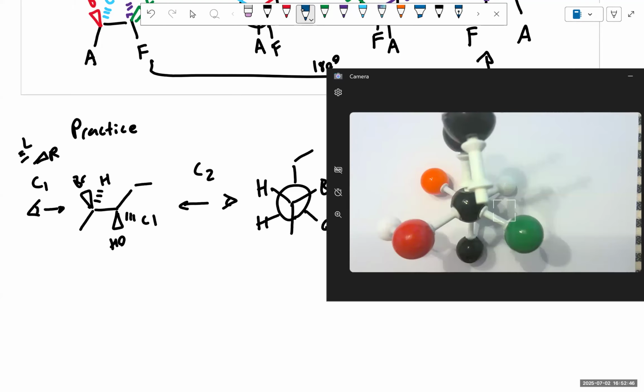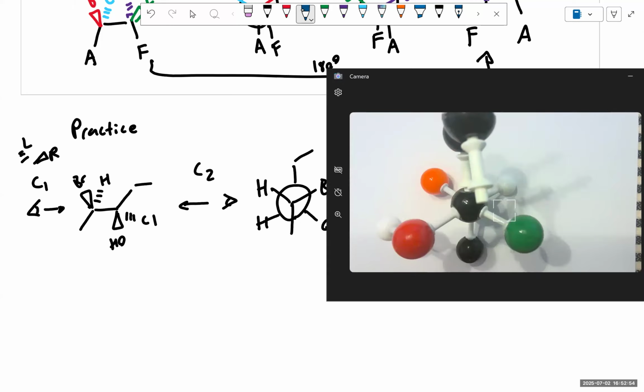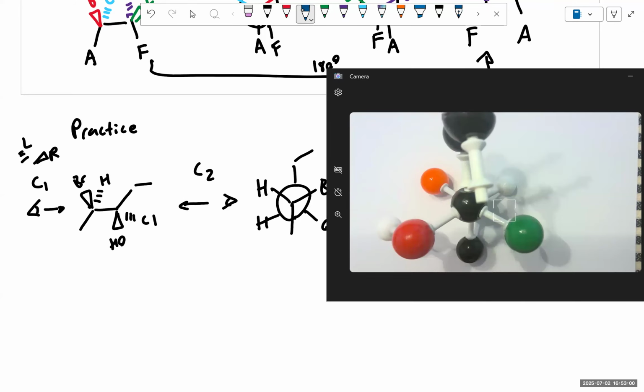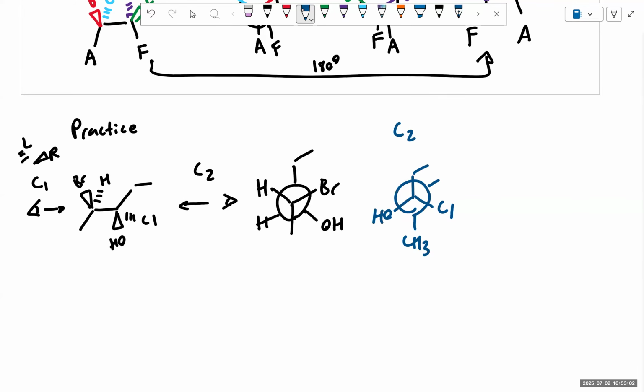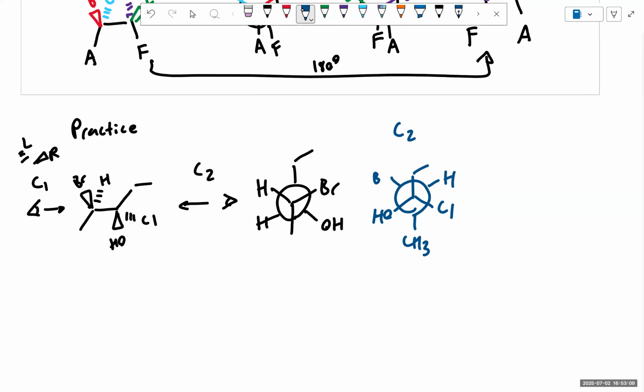The chlorine is pointing down and to the right. The alcohol is pointing down and to the left. On our back carbon, the methyl group is pointing down. The hydrogen is pointing up and to the right. And the bromine in orange is pointing up and to the left.